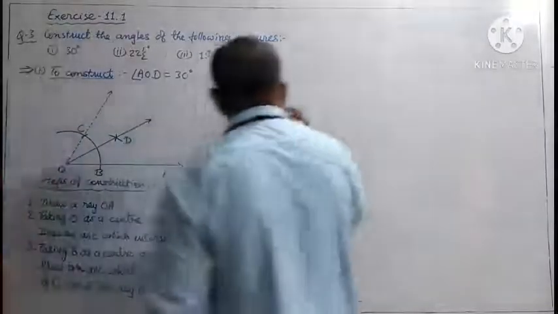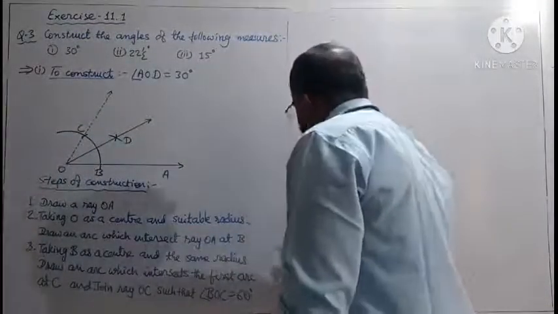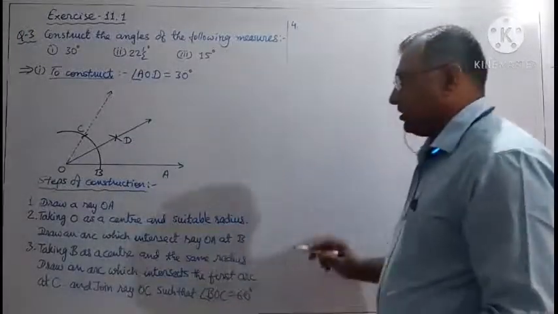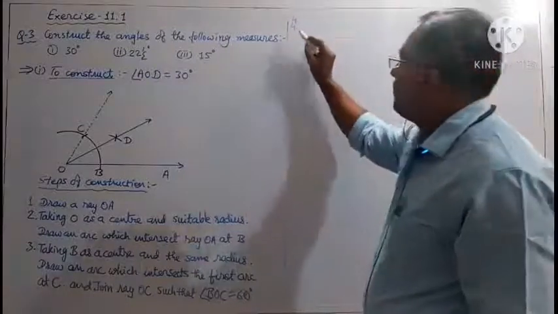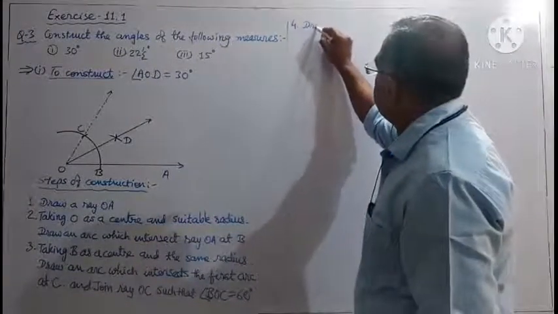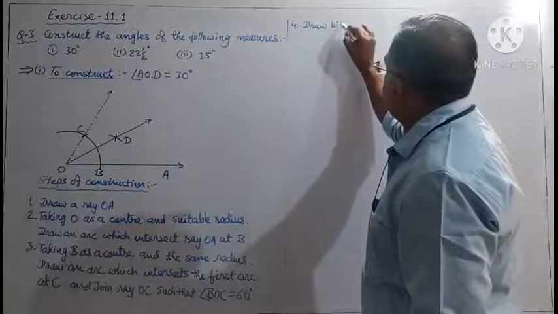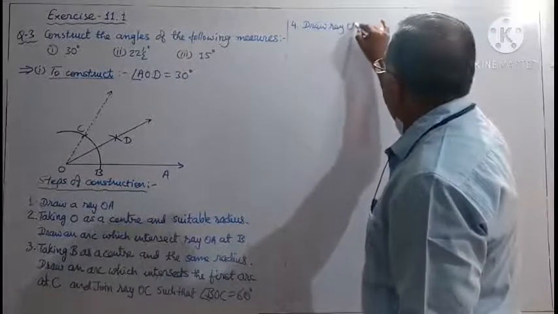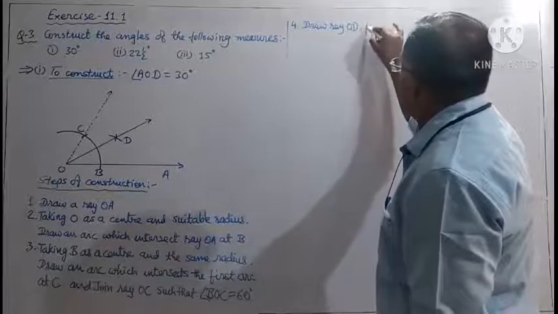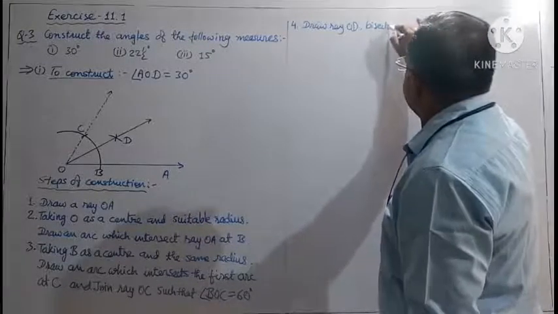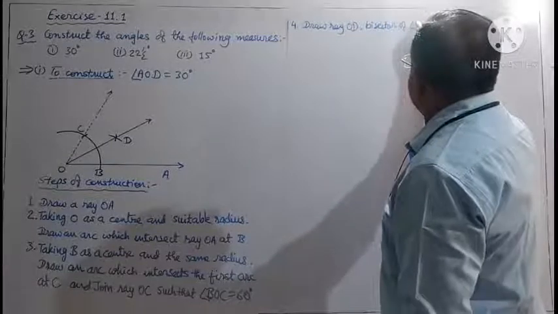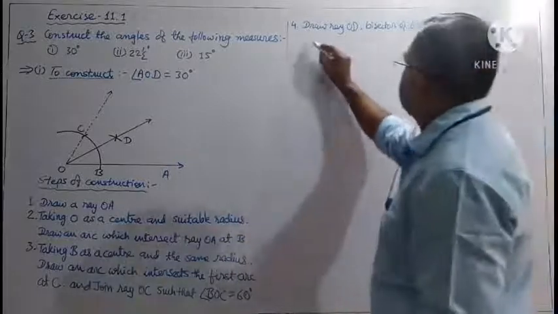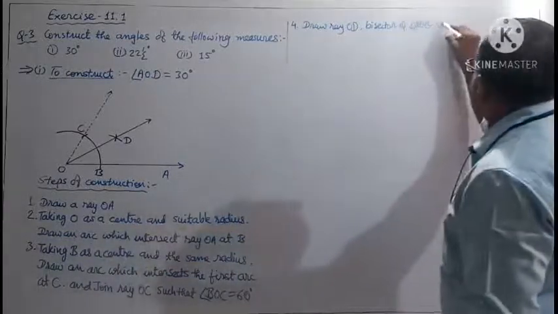Now next to that, when we got this angle BOC 60 degree, then what we have to do? Draw angle bisector. Draw ray OD, bisector of angle BOC, such that when we draw this, what happens?